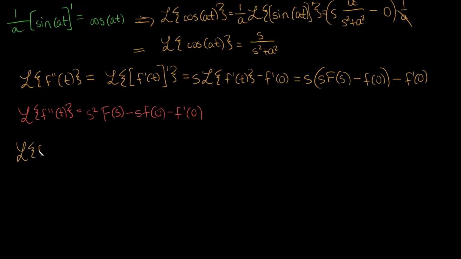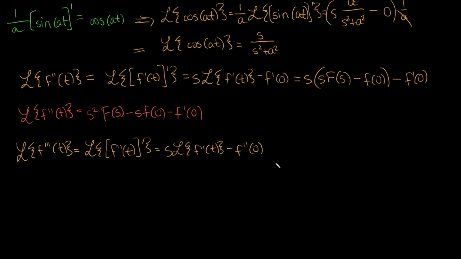Laplace transform of f triple prime of t is the same as the Laplace transform of f double prime of t prime, which is s times the Laplace transform of f double prime of t, minus f double prime evaluated at 0.